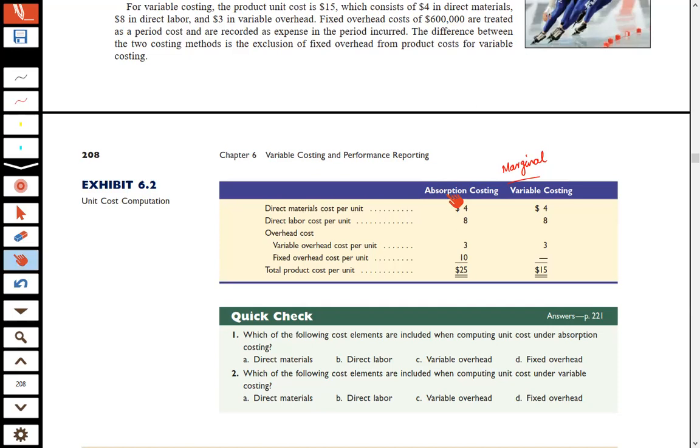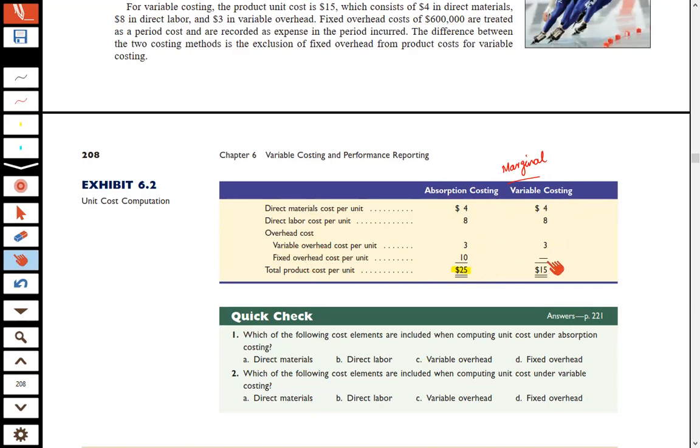So here, absorption costing means full costing. That is, we have taken the direct material, direct labor, the variable overhead, and also the fixed overhead, and that makes the unit cost $25 per unit. But in variable costing, we only took the variable cost, that is direct material, direct labor, and only variable overhead.